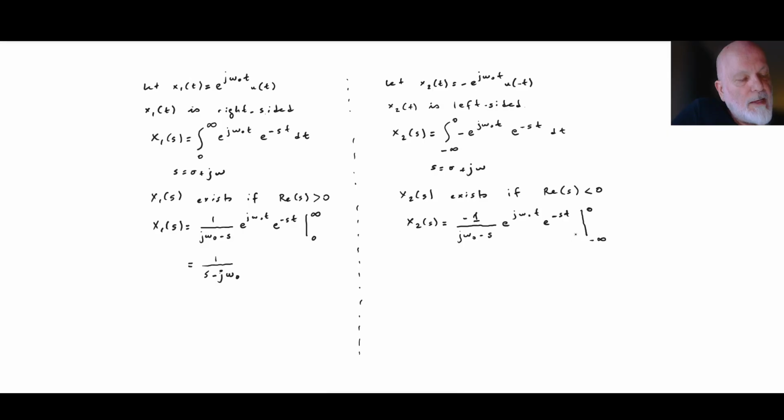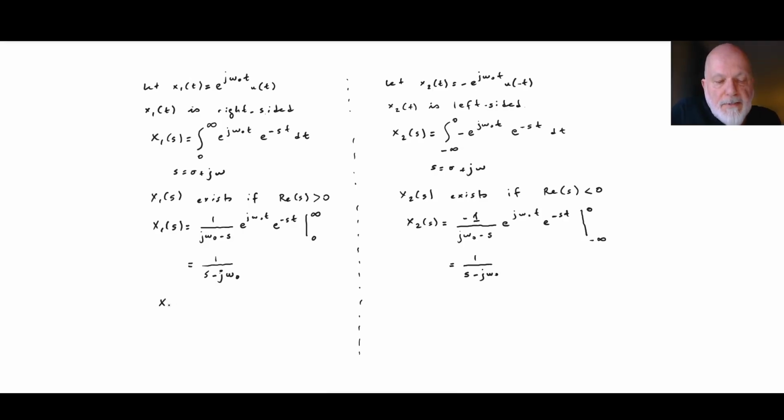As t tends to minus infinity, again, we have exponential decay because we have chosen real part of s to satisfy this inequality, real part of s less than 0. So x2 of s will be equal to, again, 1 over s minus j omega 0.